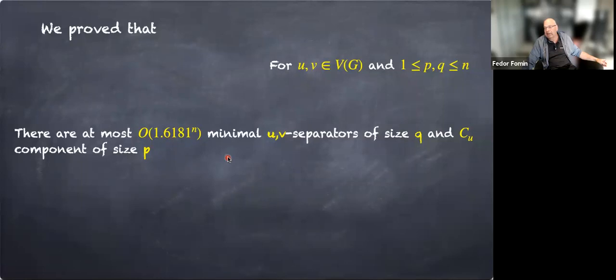So the question is, how do you find the optimal values for P and Q? This is the question I hid under the carpet. I just say this is the golden ratio. So okay, I will tell you the true story. When we realized what we want to optimize, we just ran Maple and found this number, and then after some time we saw, oh, this is the golden ratio.